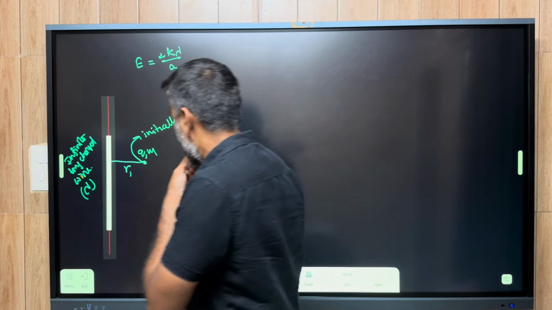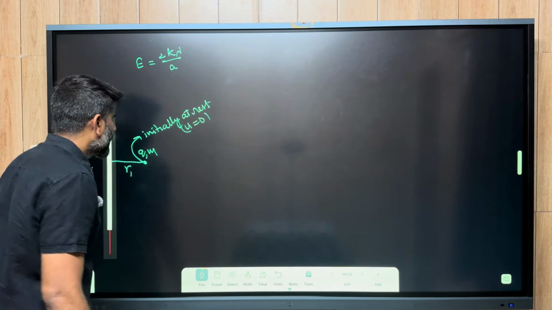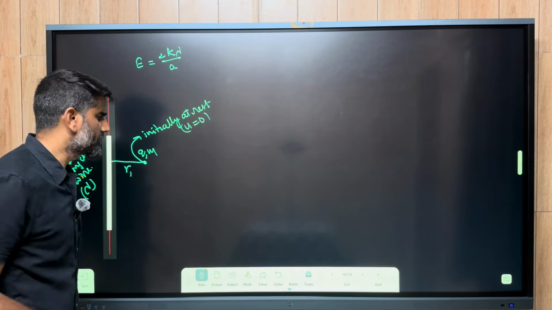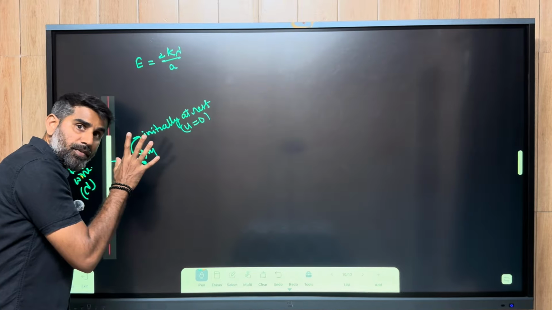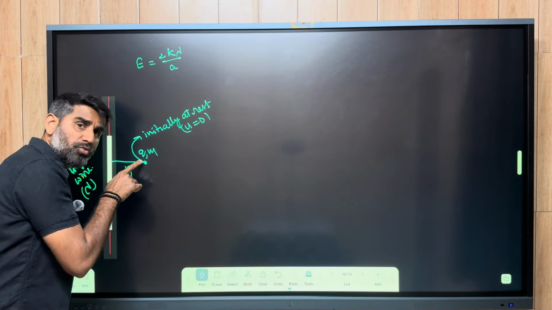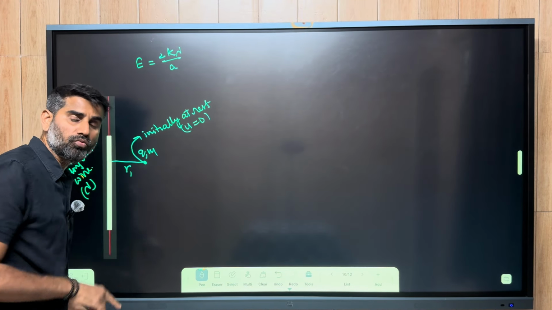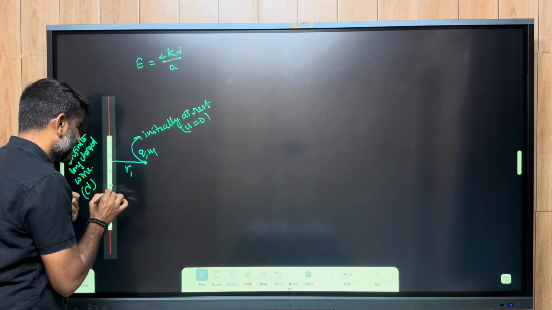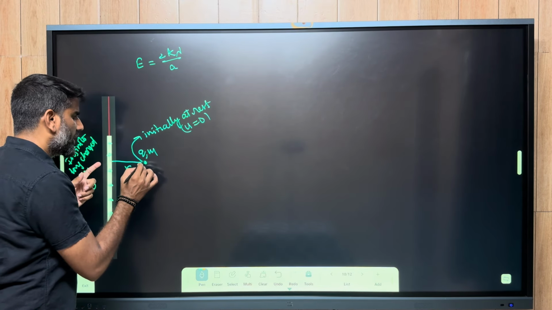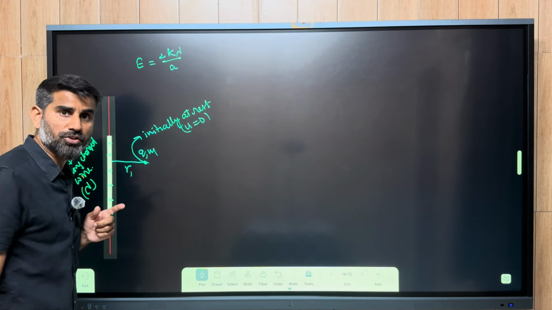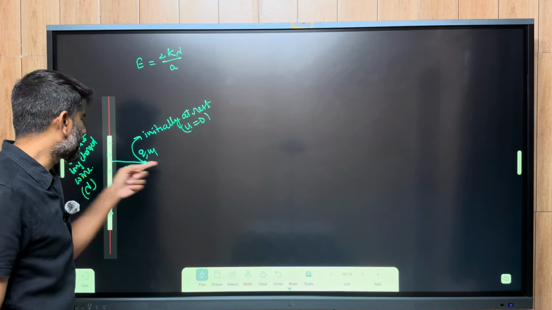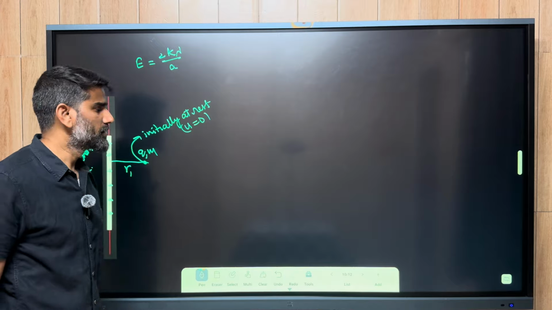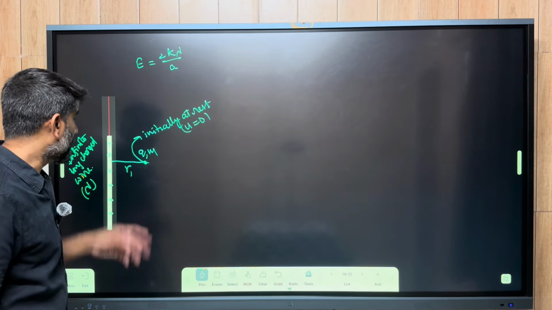Clear? Okay. Now the concept is, if I leave this charged particle, does it move or not? It will definitely move, because let's say this is a positive charge and the field at this location will be away from the positive charge, along the perpendicular line, as I've already learned in the earlier example.